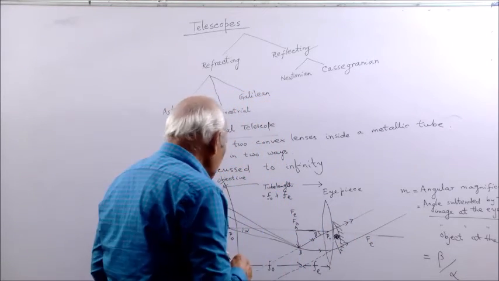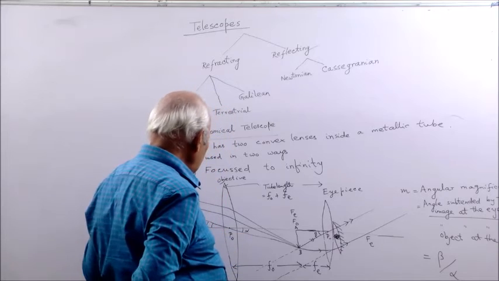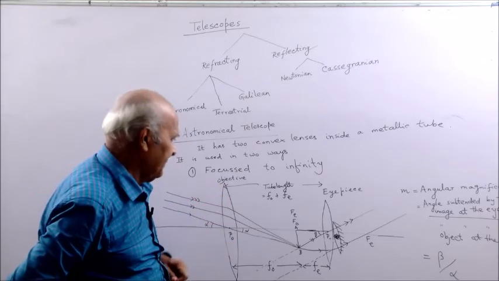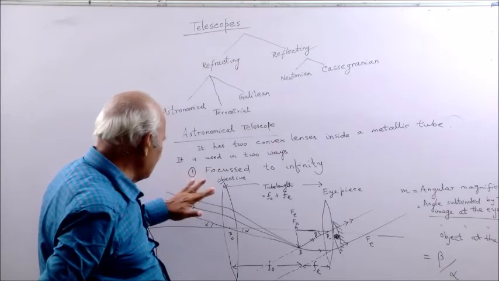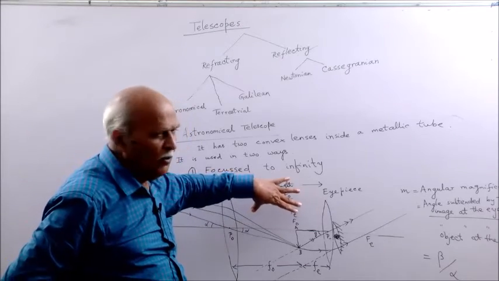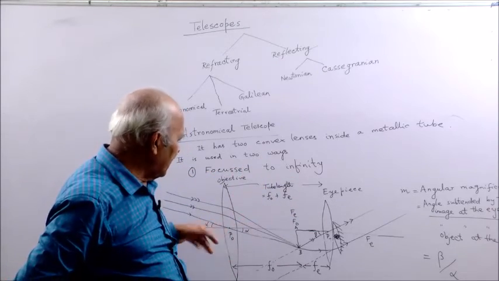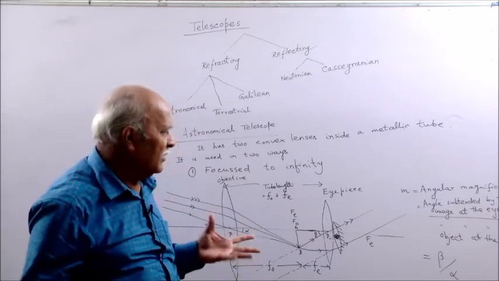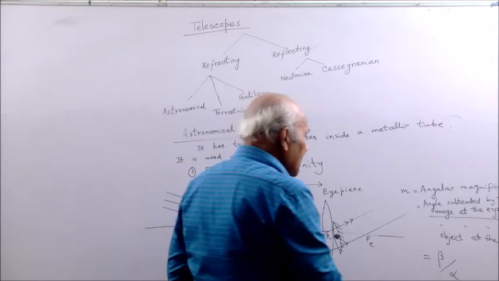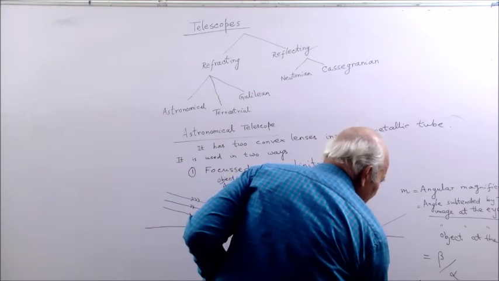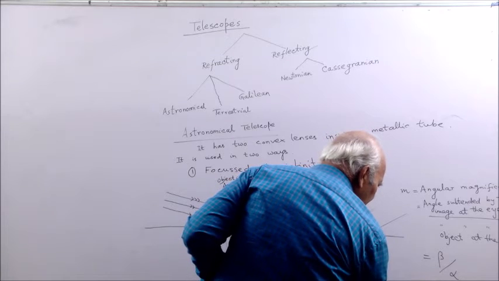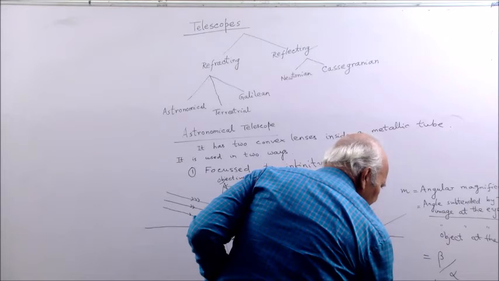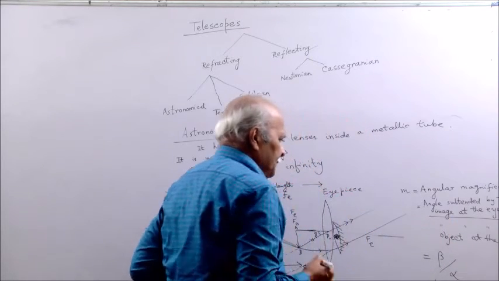Then for alpha, it is not actually the angle made by the object at infinity. It makes an angle alpha with the objective, but compared to the object distance, the tube length is small. Therefore, we can take that the object also makes an angle alpha with the eyepiece or the eye. These things are at a great distance, so angles are small, alpha and beta are both small. So, you can approximate as tan beta by tan alpha.